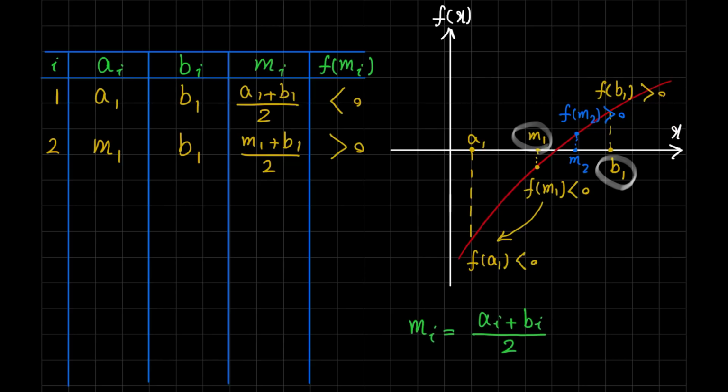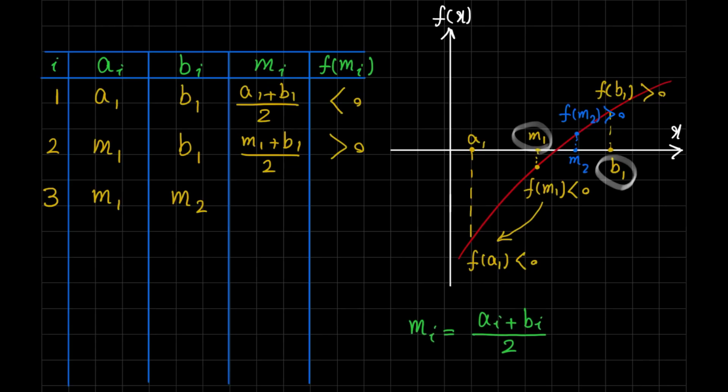So for the next iteration, we keep m1, but instead of using b1, we use m2, which has the same sign as b1 from the previous iteration.